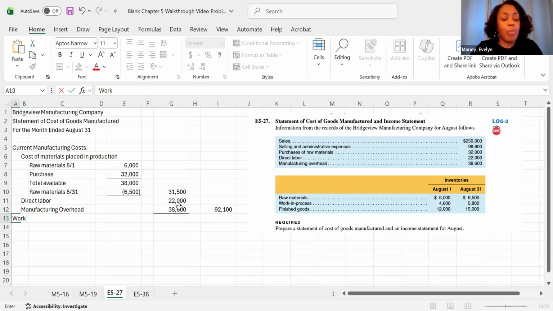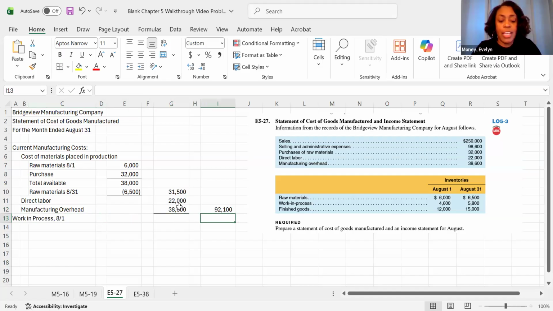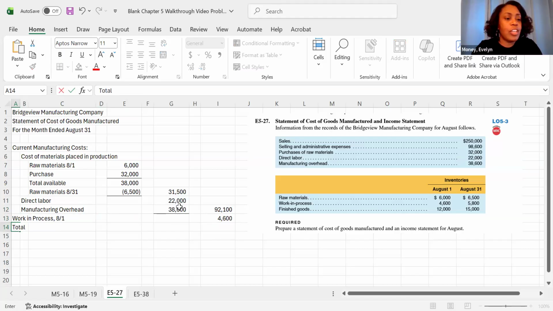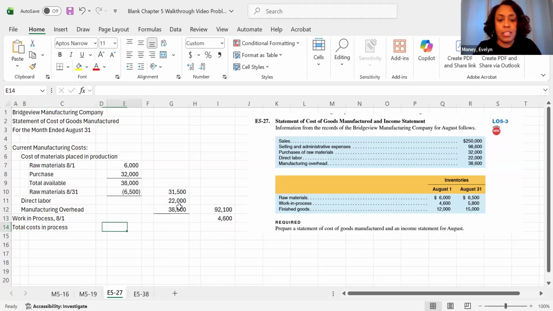Okay, now I'm going to deal with work in process at the beginning of the period. And that's going to get added in, 4,600. And when I combine those two, that's going to give me the total costs in process.